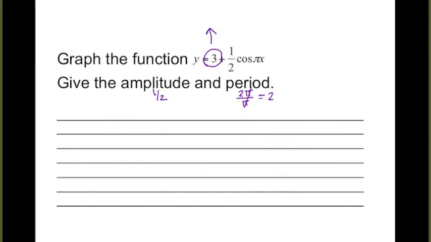This one is a cosine, so its pattern is going to be up, middle, down, middle, up. To give me room to move this thing up, I'm going to put my axis down a little bit lower here instead of centered.